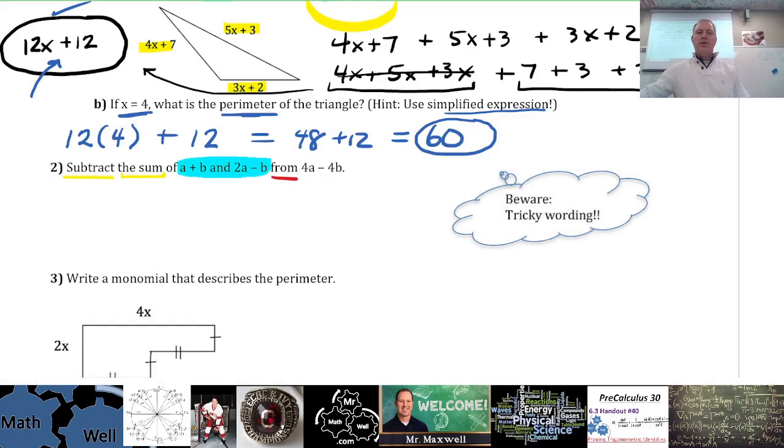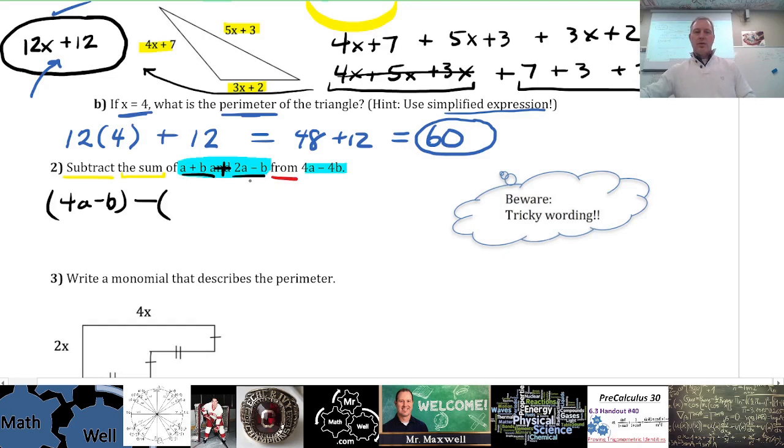And I'm going to subtract this from 4a minus b. If you take something away from something else, you start with that something else, and then you subtract whatever you want from it. So I'm going to start with 4a minus b, and I'm going to subtract the sum of these two.